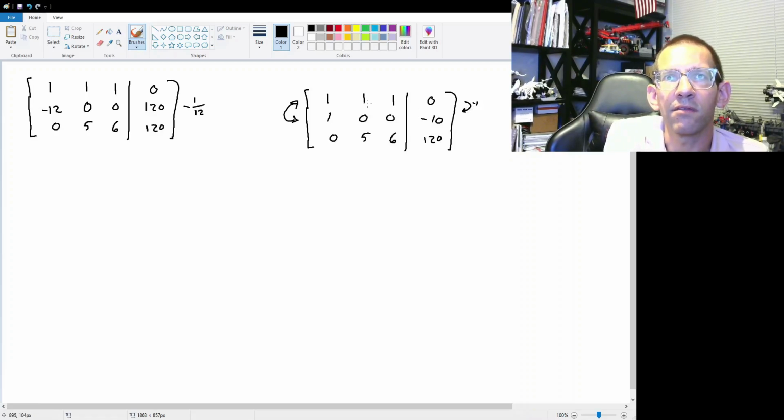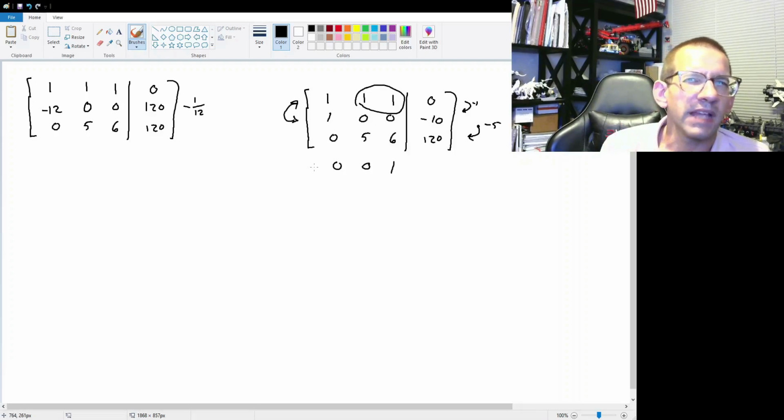So then you have just these guys. And then because already 1 in the second column, you can go ahead and multiply that by -5 and add it to this one here. And then that looks like it would actually turn it into 0, 0, 1 in the third column. And that makes it a little bit easier.